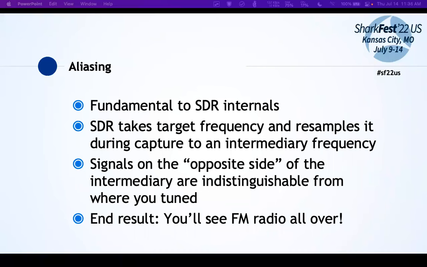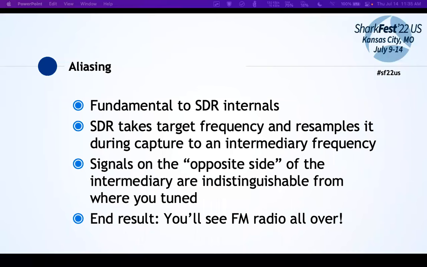And when it does that, it creates the internal signal and then starts looking at where you're trying to sample from. And signals from the opposite side can show up, even though they're not where you want them to be. So basically, the end result is that you'll see FM radio everywhere.